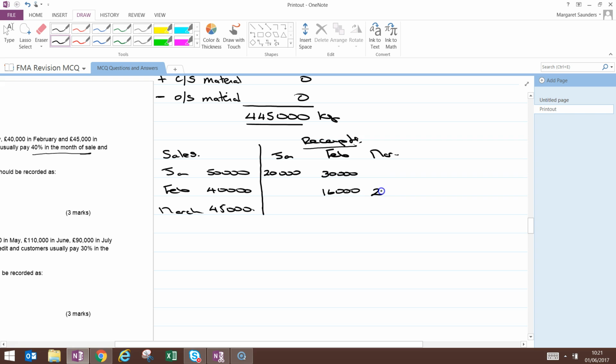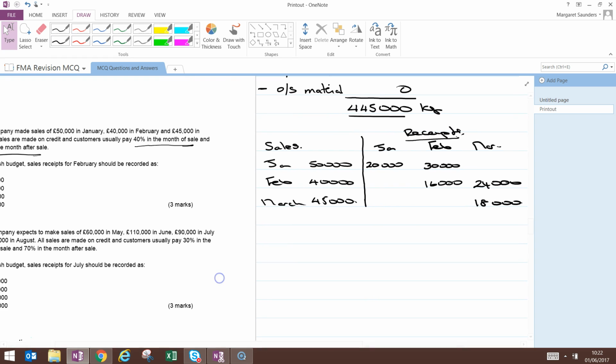So that's a further 24,000. Now, if we look at the March figure, £45,000, 40% comes in the month of sale, so 40% of £45,000 comes in March, so that's 18,000. The rest comes in April. We're not interested in that.